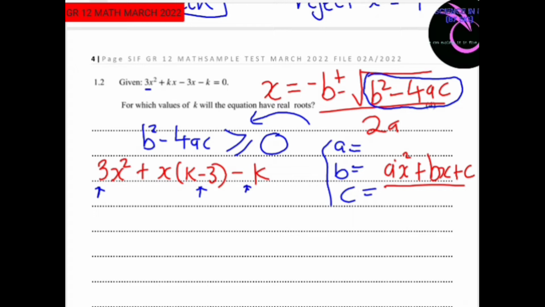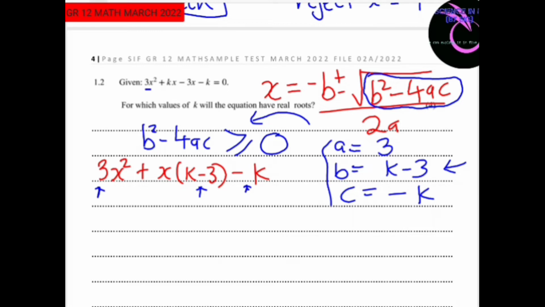So just say a equals 3, b is now k minus 3, and c is minus k. Figuring out that b is k minus 3 was the key step here.